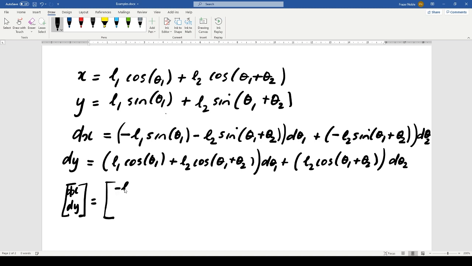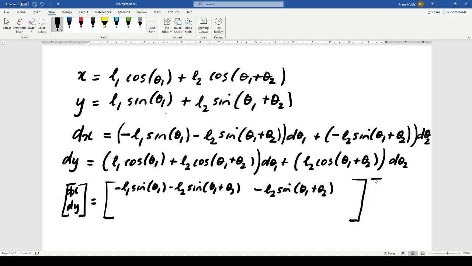So we've got minus L1 sine theta 1 minus L2 sine theta 1 plus theta 2, then minus L2 sine theta 1 plus theta 2, and it's going to be all times the differentials d theta 1 and d theta 2.